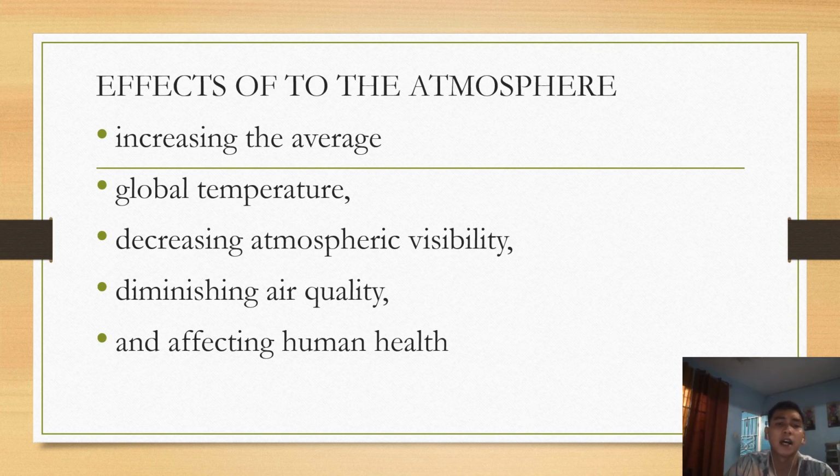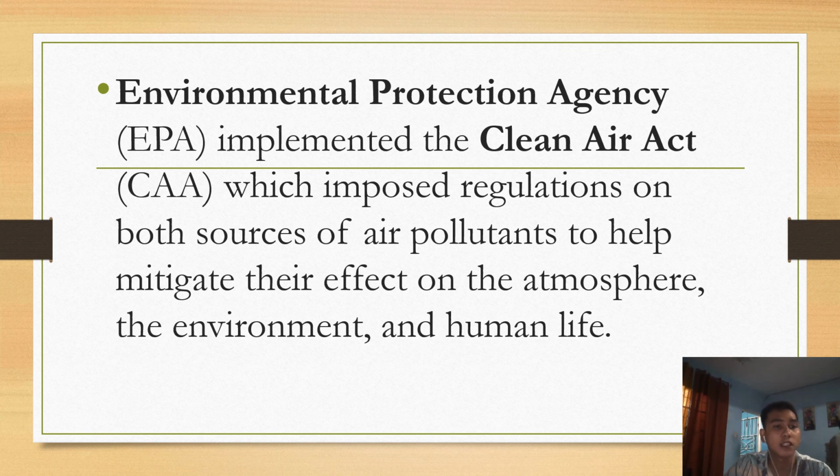That is why the Environmental Protection Agency, or EPA, implemented the Clean Air Act, or CAA, which imposed regulations on both sources of air pollutants to help mitigate their effect on the atmosphere, the environment, and human life.